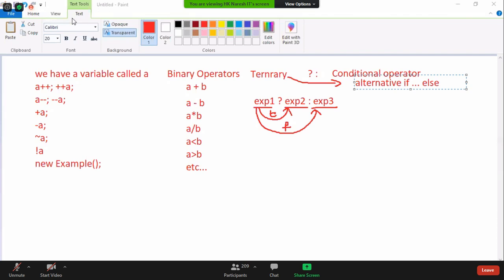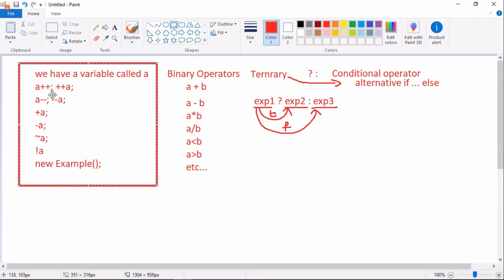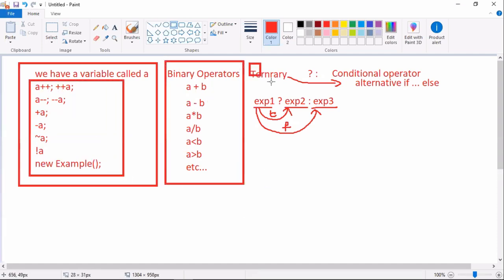So I have just given some sample things here. These are some of the unary operators, these are the binary operators, and this is the only one ternary operator.